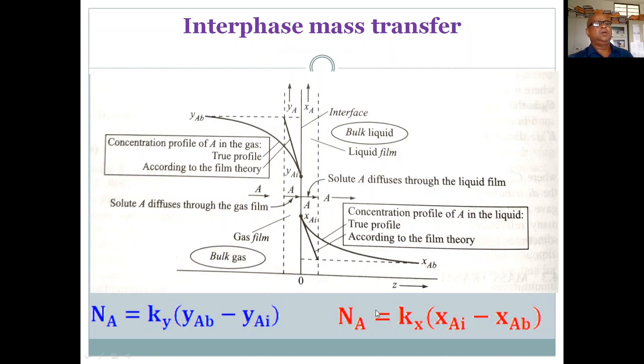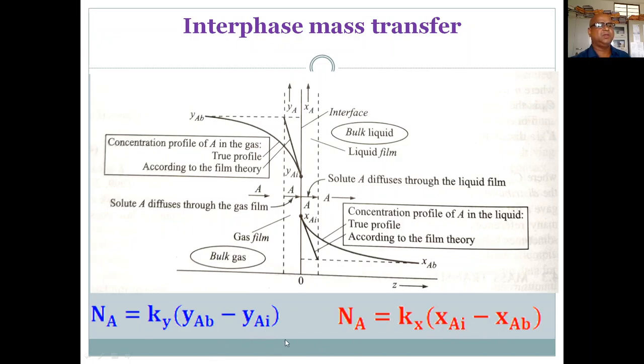So to calculate the flux in interphase mass transfer, the interfacial concentrations, either YAI or XAI, are to be known. But you understand that it is very difficult to determine. You cannot measure this in a steady state process. The interfacial contact is very difficult to probe, but somehow there is a way. Let's see how we will calculate either YAI or XAI.